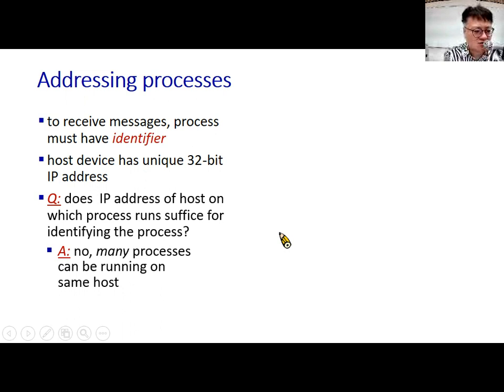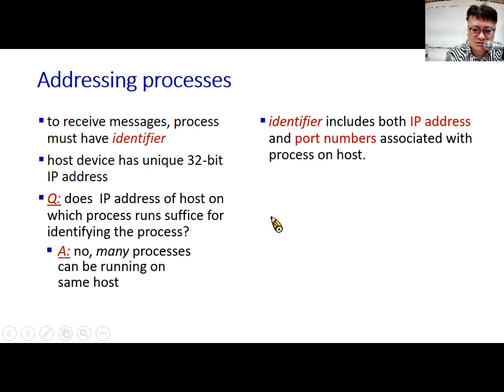No, many processes can be running on the same host. So the identifier includes both the IP address and the port number associated with the process on the host, because different applications have different addressing processes.